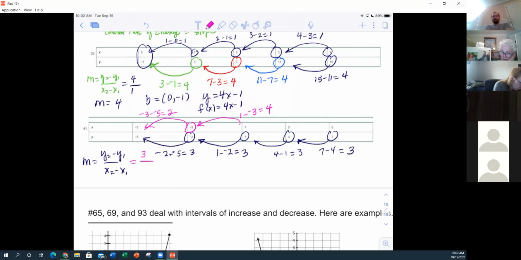Because what should these be also in order for this to be a constant slope? Here it's 2. So with these 2 points, the slope would be 3 over 2, right? But with these 2 points, what would the slope be? Three over 4. So this is not linear.